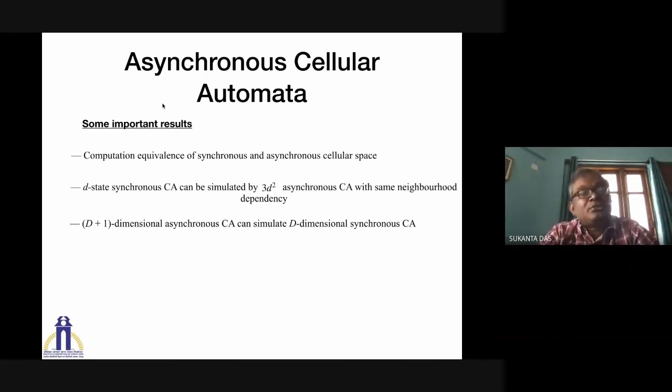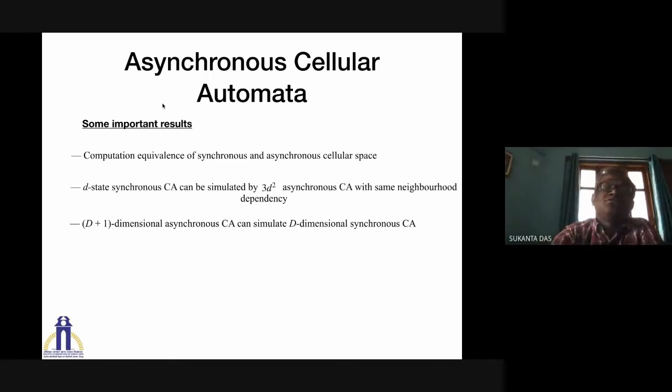If I increase one dimension, then D-dimensional cellular space, classical cellular space, can be simulated by D plus one dimensional asynchronous cellular space. So it also tells in the same line that you have to bear a cost to increase the dimension. It's also an interesting result.